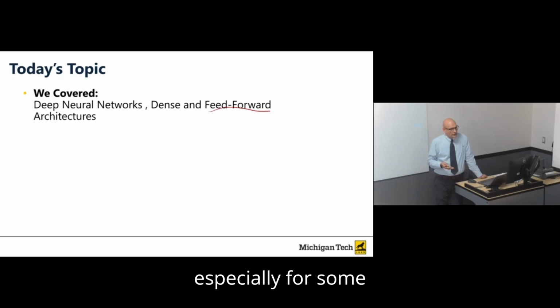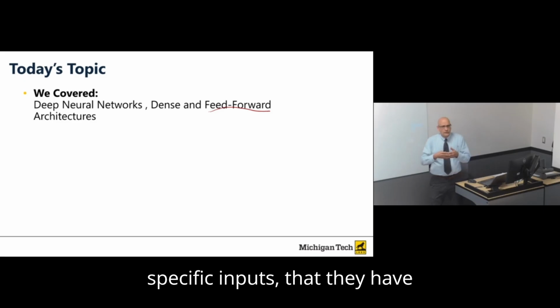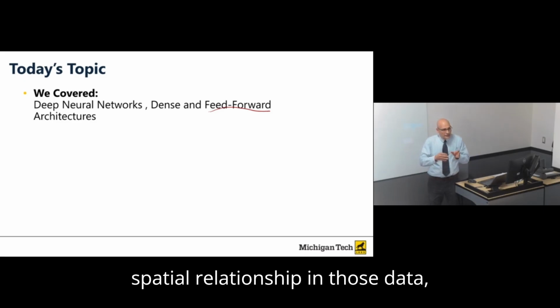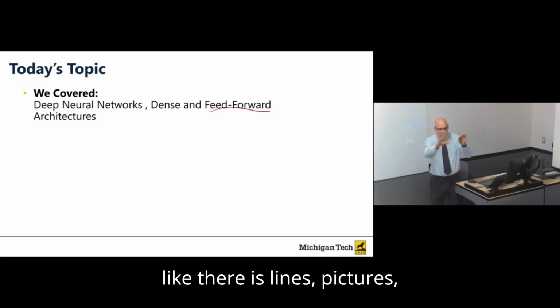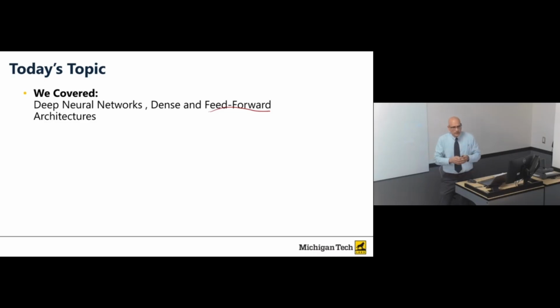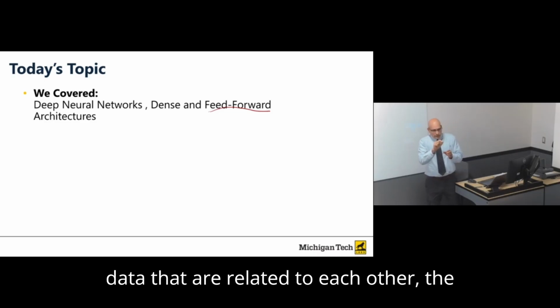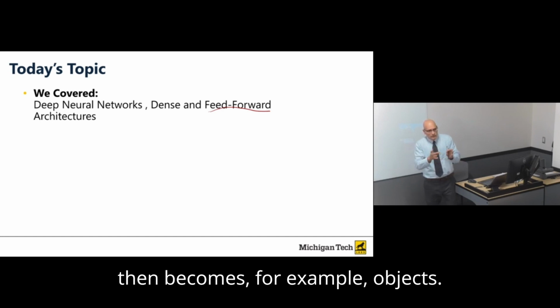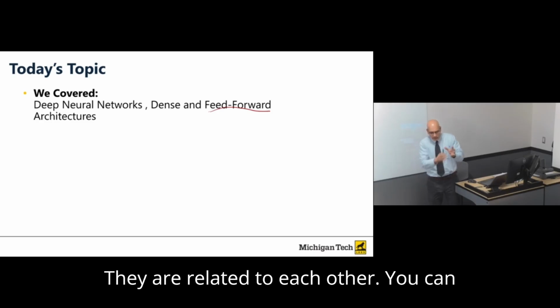And especially for some inputs that have a spatial relationship in the data, like lines and pictures, with corners, for example, that then become objects, they are related to each other.